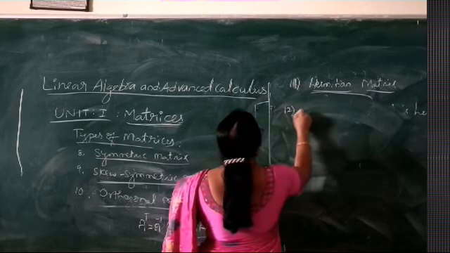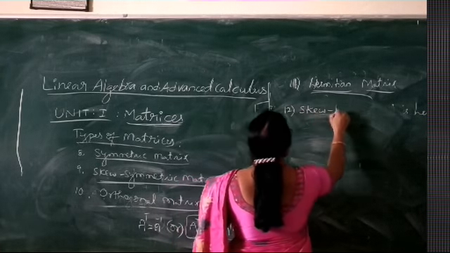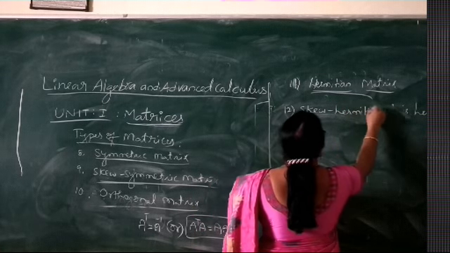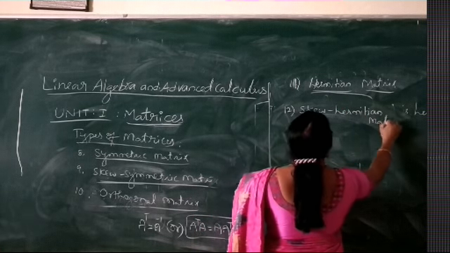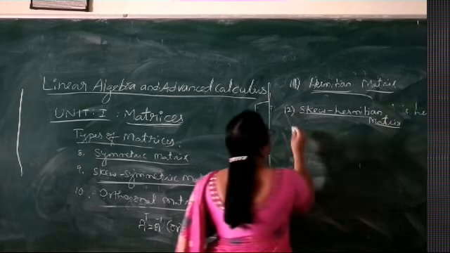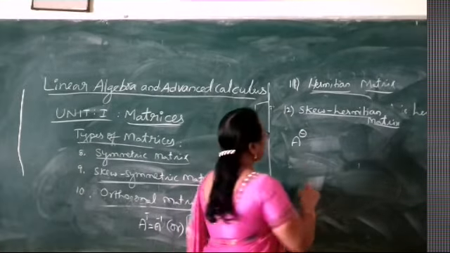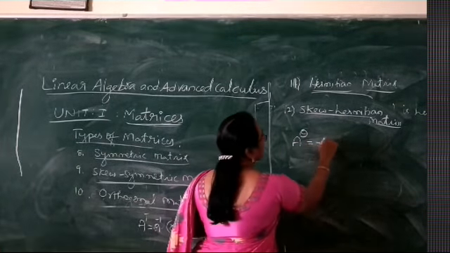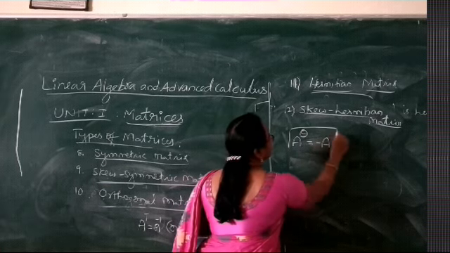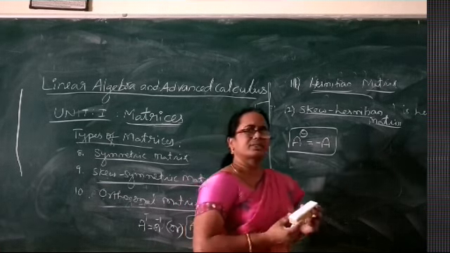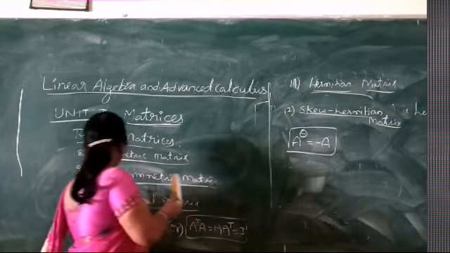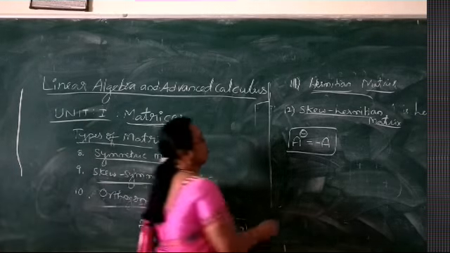Now, let us see what a skew Hermitian matrix is. Suppose A is a matrix and its conjugate transpose is calculated and we find that this is equal to minus A. Then we say that the matrix is skew Hermitian. Very similar to the skew symmetric matrix.